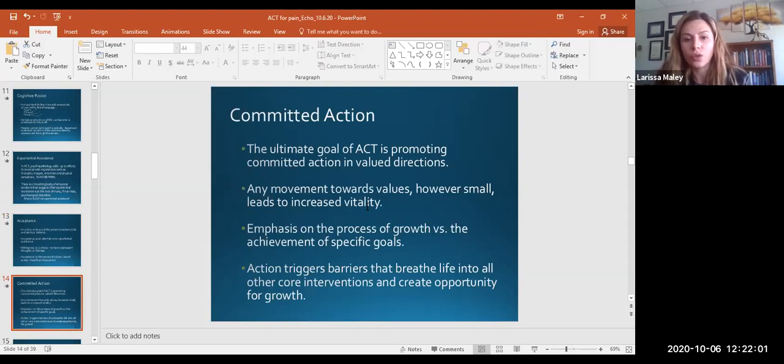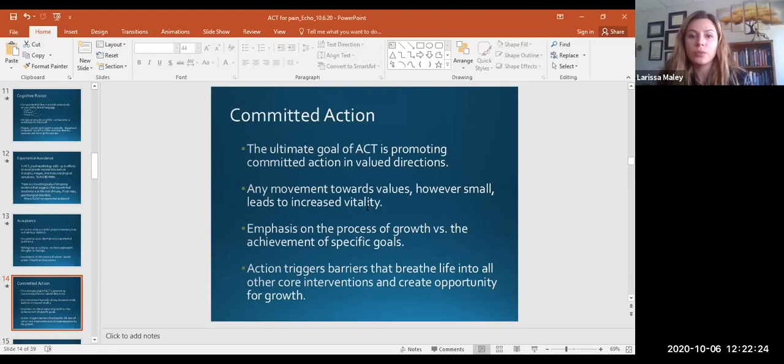And this is the ultimate goal within any ACT protocol, is to promote committed action to move in the direction of what's truly important, or your value set. And any movement towards those values, however small, is going to lead to increased health and vitality and wellness. And that's the progress that's important to emphasize.